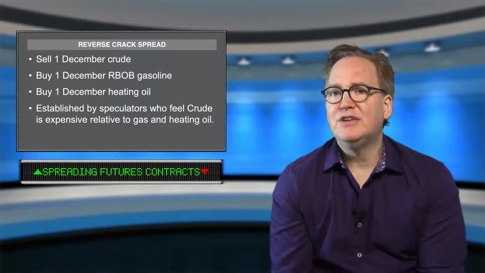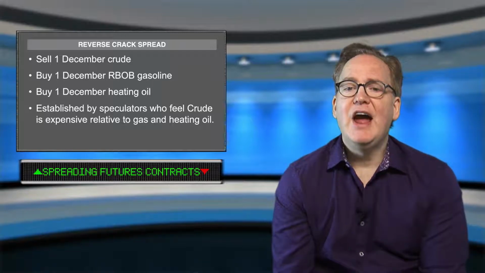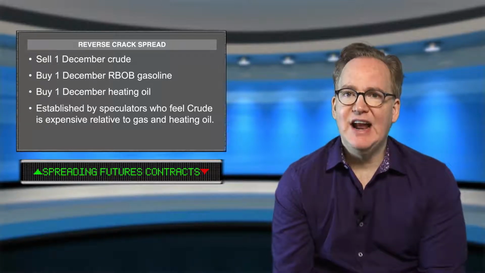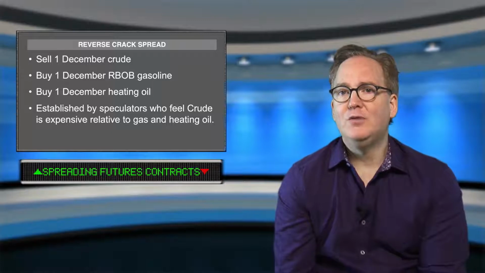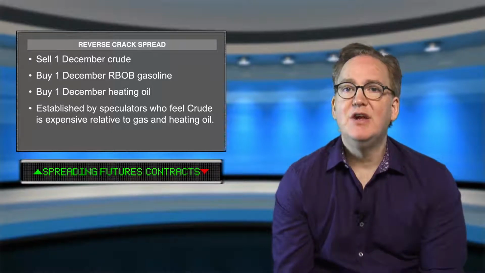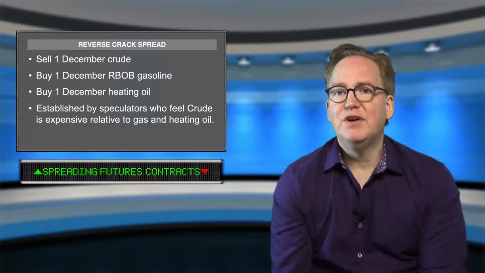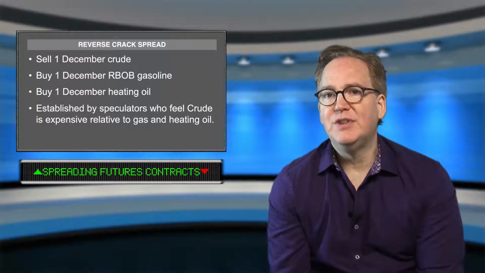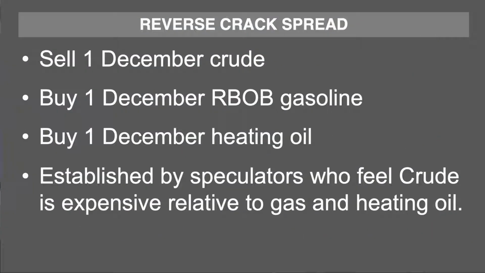So here you would sell or go short the crude oil, and you would go long the gasoline and the heating oil in the hopes that the prices for the contracts would converge or move closer to the normal range. Here you have someone establishing a short crack spread where they feel that heating oil and gasoline are cheap relative to the input, and they're effectively hoping that the prices go back to their normal range.